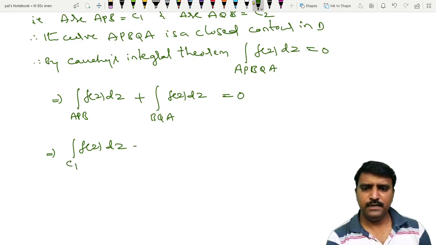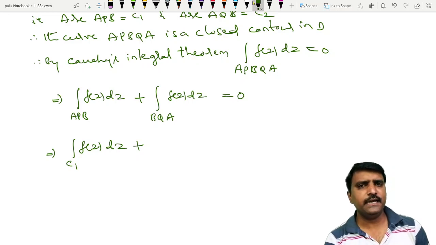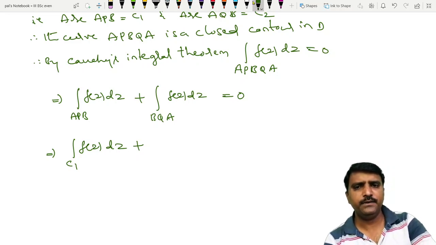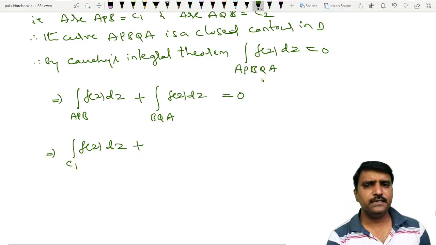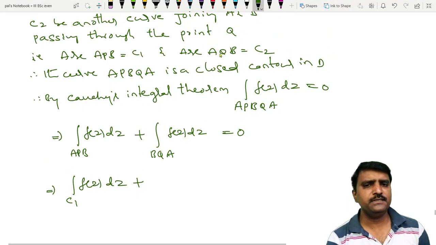C1 plus, if you wanted to change the direction, because you see, if you consider C2, it is along AQB. So here the curve is along BQA. If you wanted to change the direction, that is to take AQB, you have to put a minus sign here. Ok, to change the direction here, we must put a minus sign.